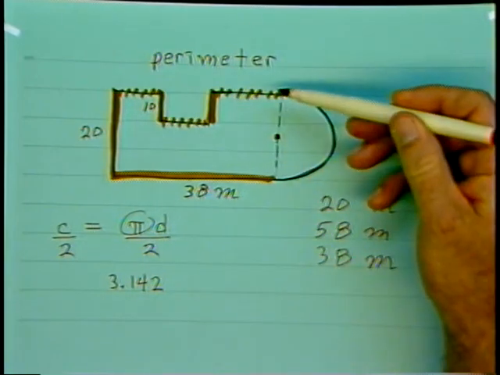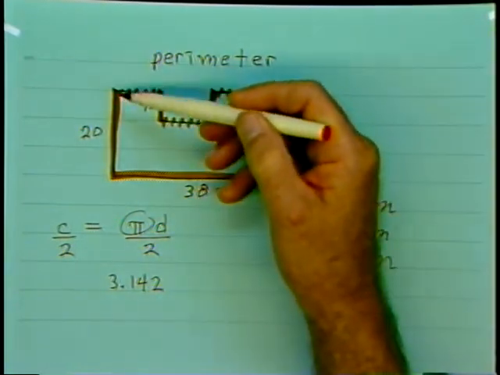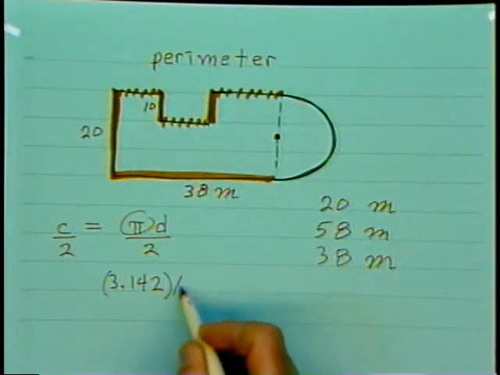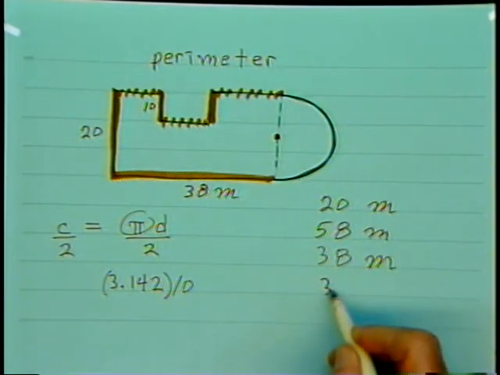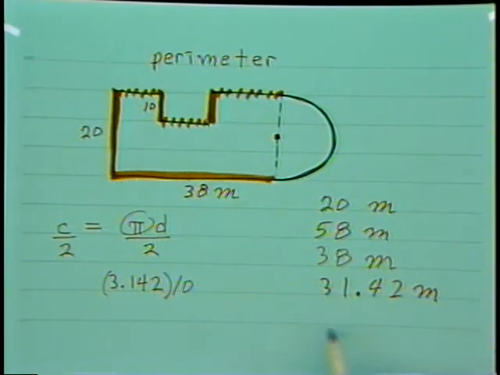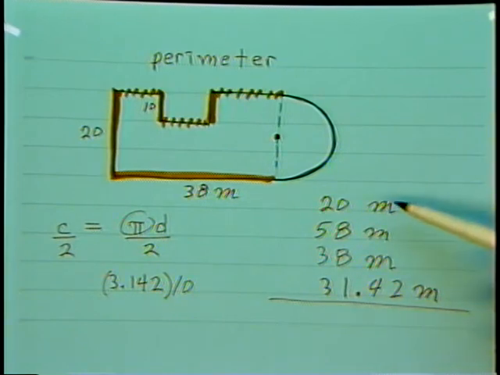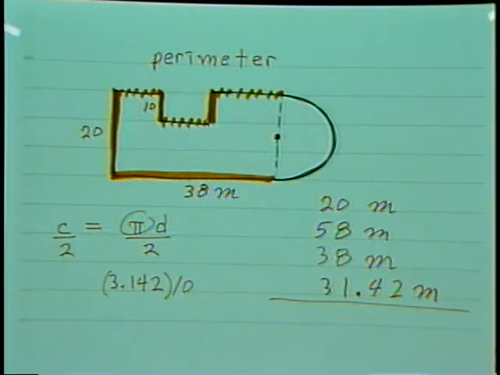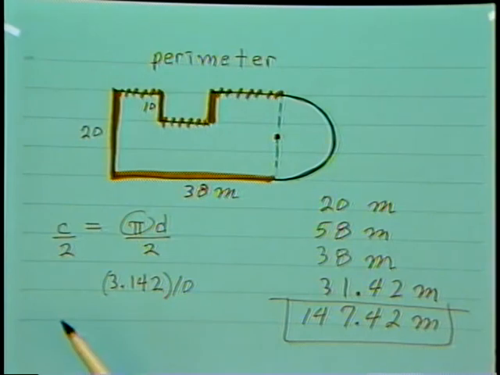And we can see that this diameter is the same as this length, and we want it halved, which would be 10. So this would be 31.42 meters. Then we make the note that we're adding meters to meters, which is permissible. Otherwise, I'd have to do some conversion of units. So we simply add these like units of measure, and we finally have our requested perimeter.